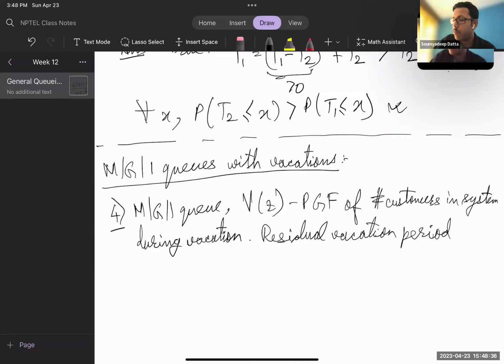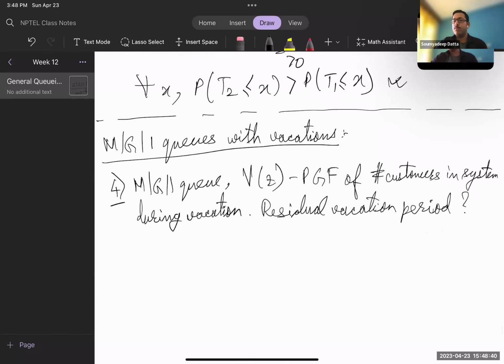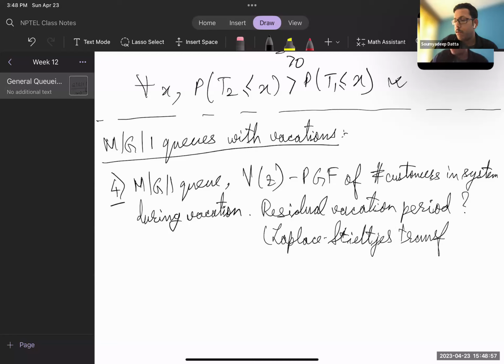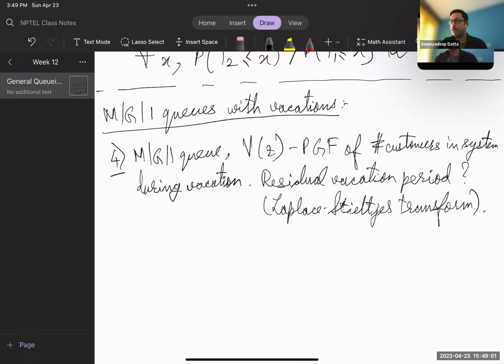We want to characterize the residual vacation period. So we want to know the Laplace transform of this residual vacation period, because this will help us characterize it.